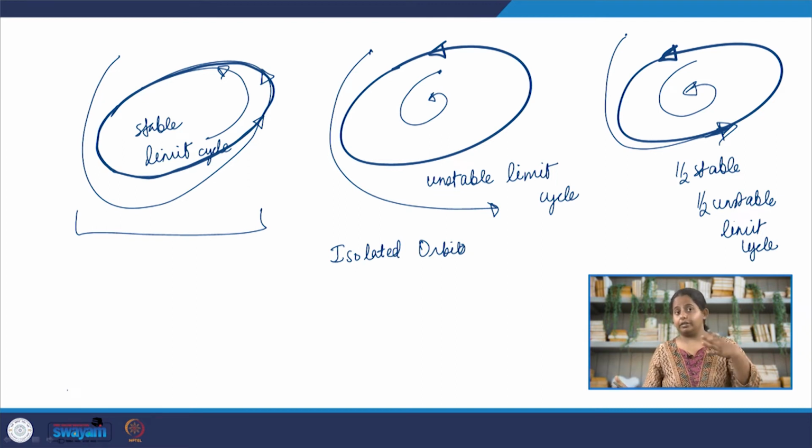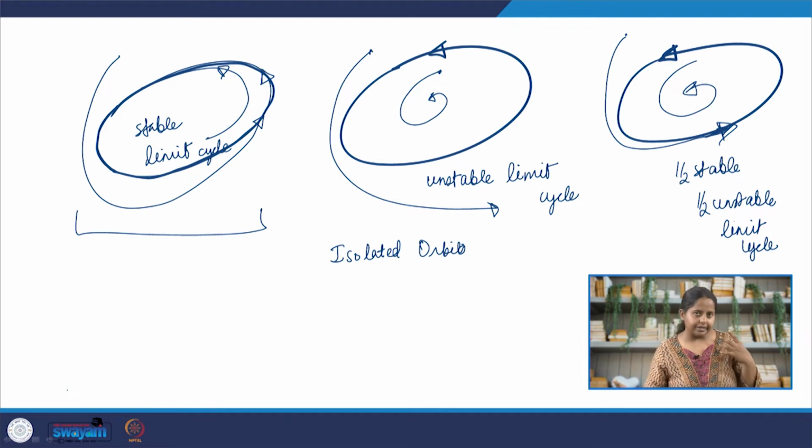This is, as I told in the last lecture and also in the introduction of today's lecture, important in context of heartbeat and in context of other seasonal cycles that we see in the environment. Also, when we have self oscillations that can become very dangerous, for example, in case of airplane wings or in case of bridges, typically this is what we want, that after we have had oscillations that are aberrant, the oscillations return back to the stable limit cycle, stable orbit.